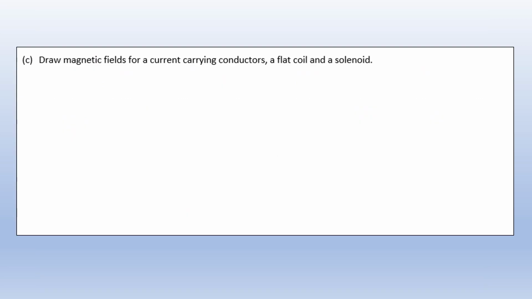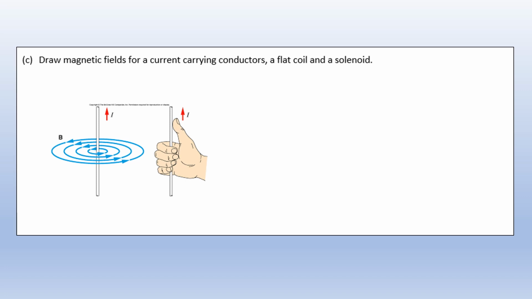But we can have a look at some more fields around different scenarios. If we have a wire, we use the right-hand corkscrew rule, as it's often known, as a way of finding the direction of the field. Your thumb points in the direction of conventional current. Your fingers tell you the direction of the field lines in circles around the wire.